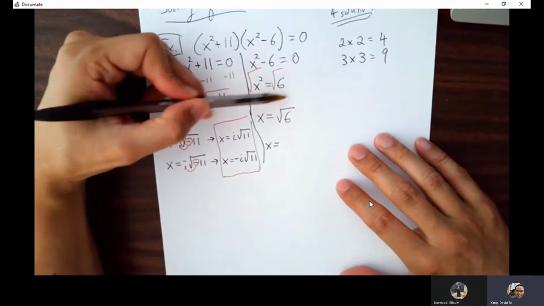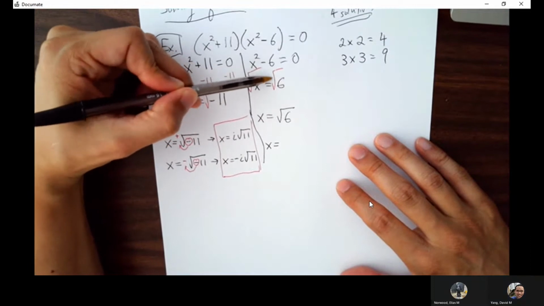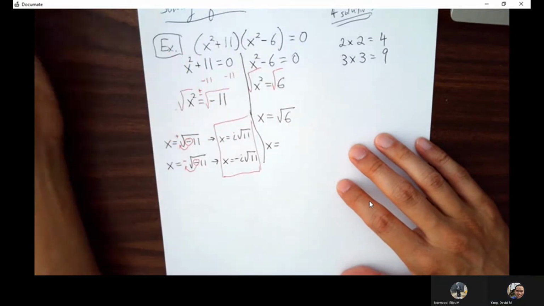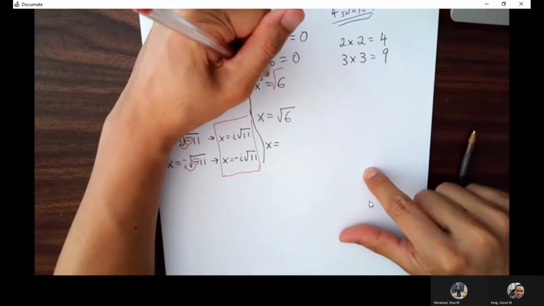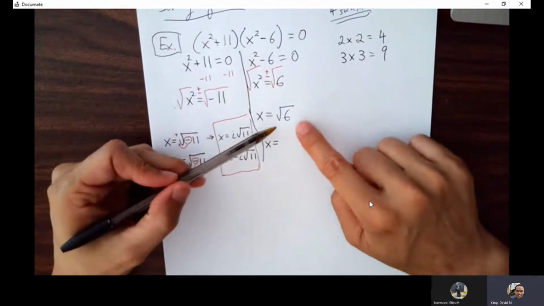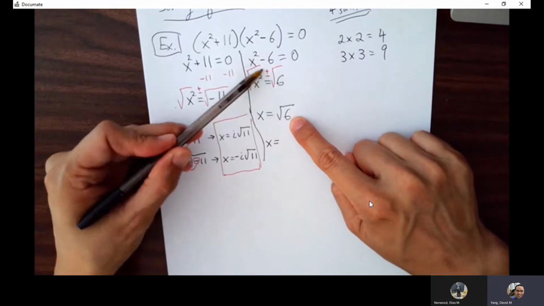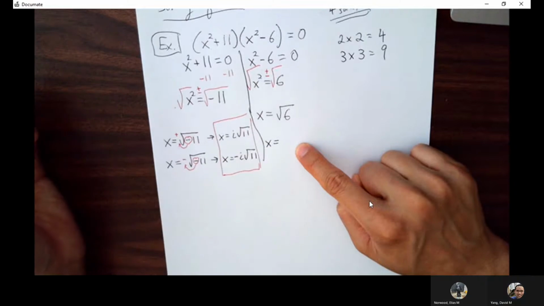So what happens whenever we take the square root? Something's going to pop up in front. The plus and negative sign. Mm-hmm. So how do we write that out? So this will be the same thing as the positive root 6. So the other solution is going to be what?